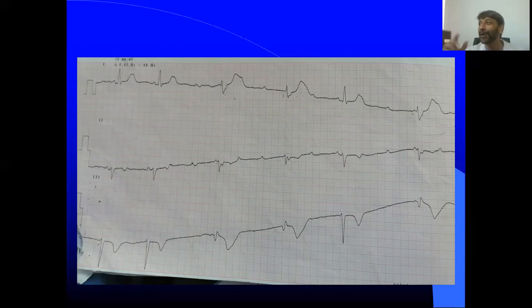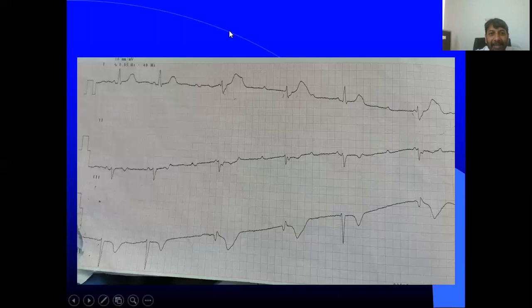It's not from the node, because it's broad and bizarre. That's why your P and QRS have no relation. So in these two beats, third and fourth, your patient developed complete heart block with escape ventricular rhythm originating from the ventricle, because that's why it's different from the native.